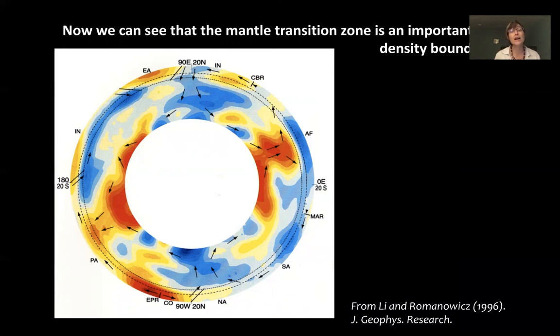But in the meantime, I'd like to point out to you that the mantle transition zone, which is this dashed area here, is very often looking like a density boundary between areas of mantle that are dramatically different from each other.